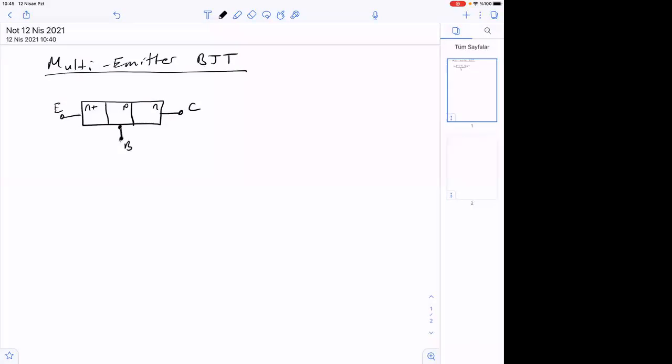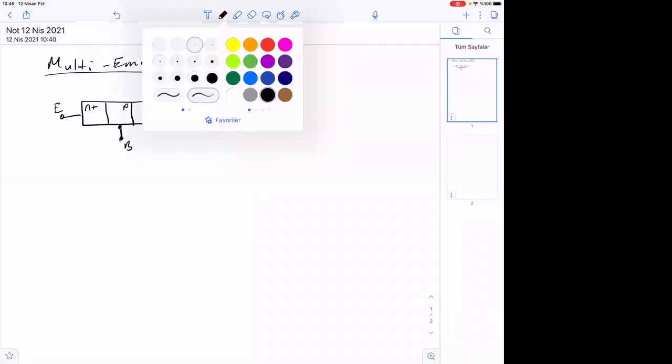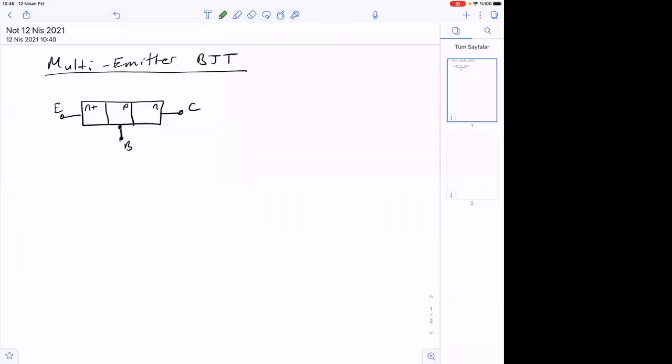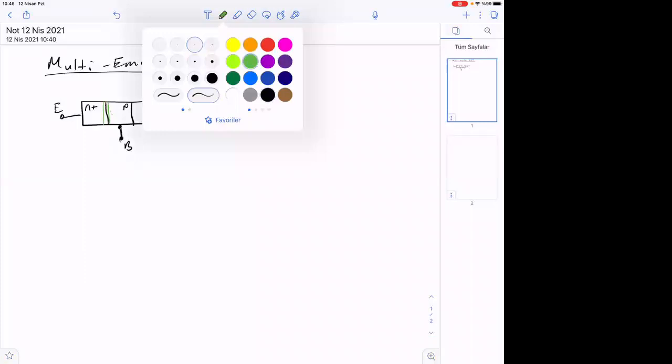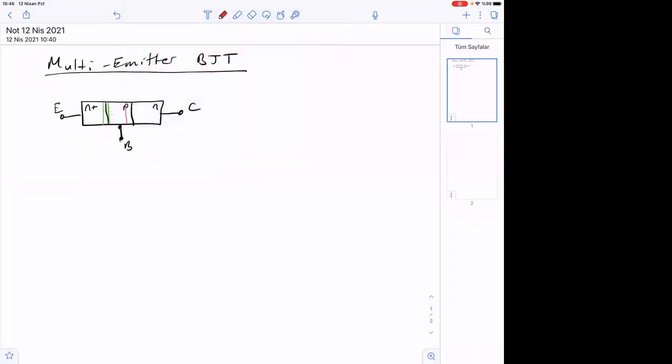In normal operation, we have this junction on, so it's forward active, forward biased, and electrons go here. And then we have a reverse bias junction here.